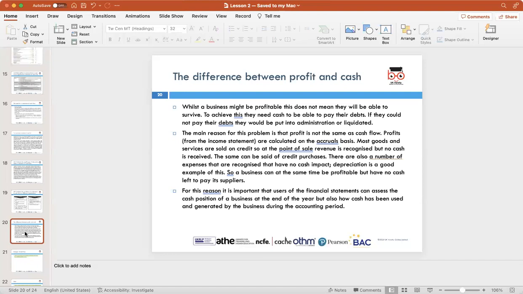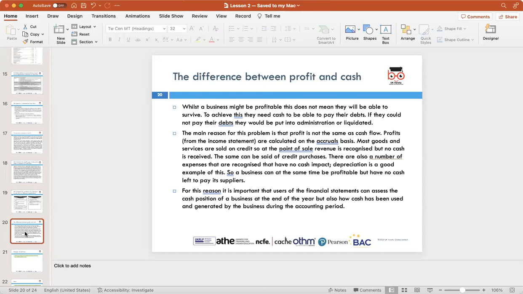The main reason for this problem is that profit is not the same as cash flow. Profits from the income statements are calculated on the accrual basis. Most goods and services are sold on credit, so at the point of sale, revenue is recognized but not cash received. So it's basically a credit sale.